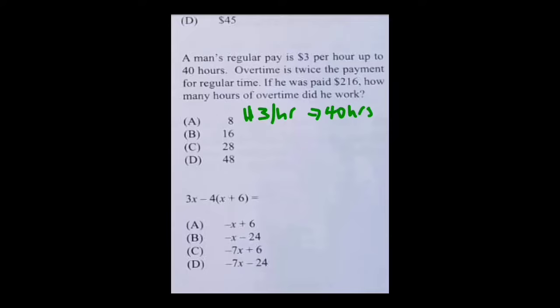If he's to work overtime now, he's going to be paid twice. That's what it says, twice the payment for regular work. Since he's paid $3 for regular work, he will be paid twice of 3, which is 3 twos is 6. So he's going to be paid $6 for overtime.